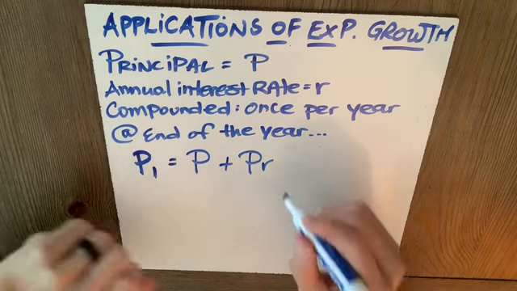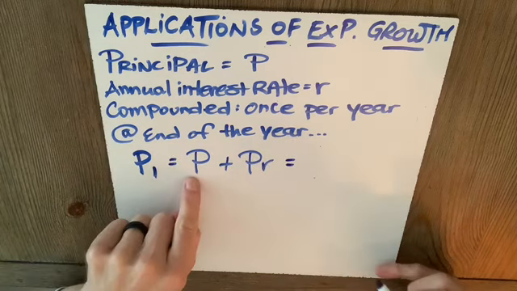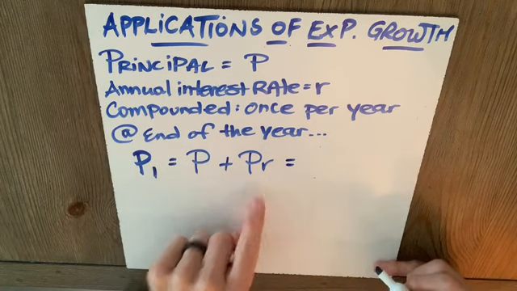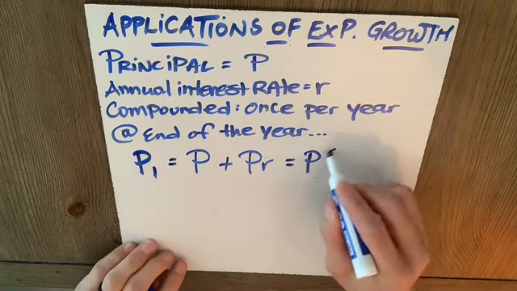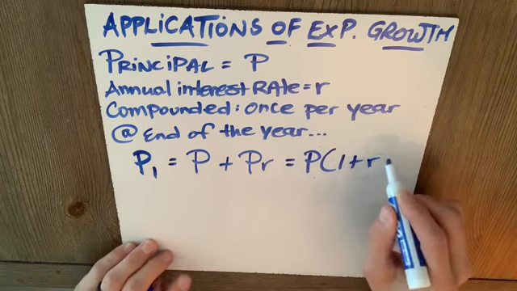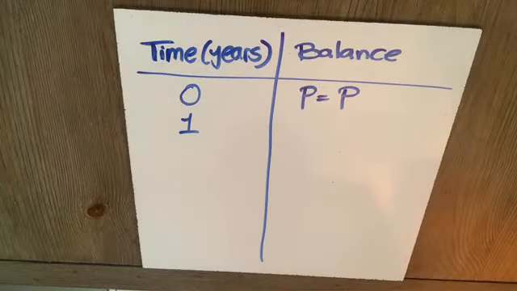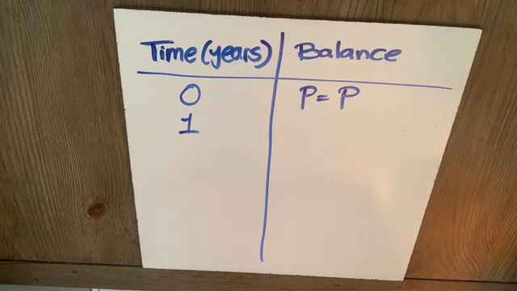Of course, we could simplify this expression, P, the principal, plus principal times rate, by factoring out P. So this would be P times 1 plus R is another way to think of that. So this will be an important concept for us if we're talking about compounding interest.